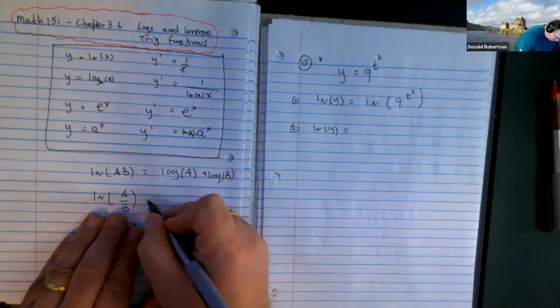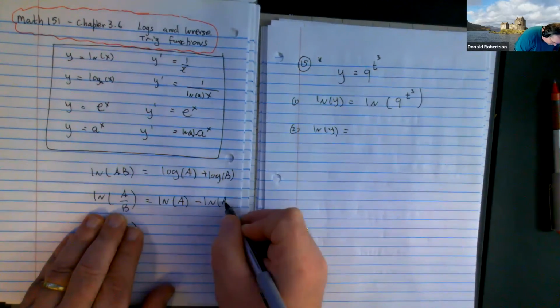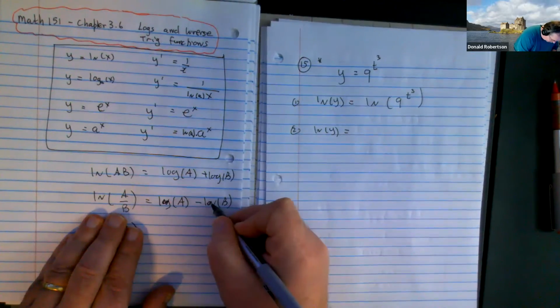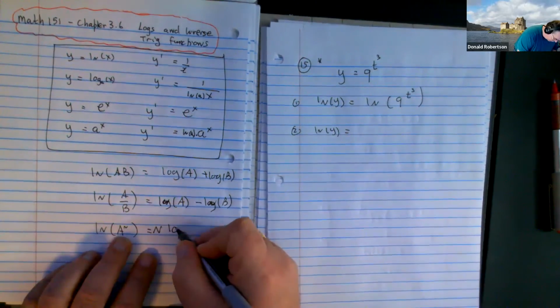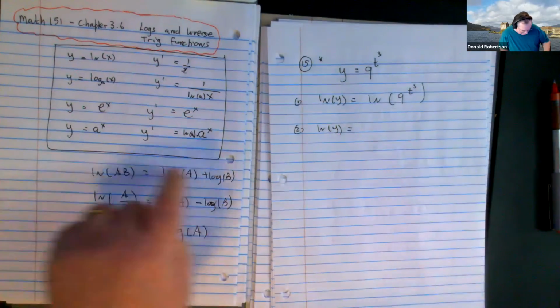You can take the log of two things being divided and separate them. Be consistent with their logs. And the third one is that the log of something to the power of n can be written as a multiple of a log. And will you pretend that all of these say logs, because it works for all of them.